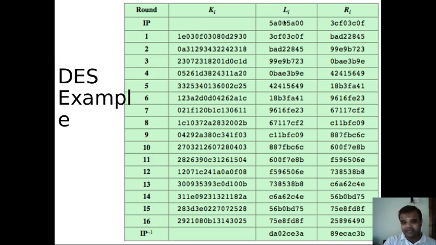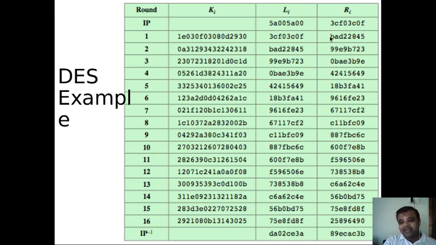And see, the right half of the first round is different. What was the operation, if you remember properly? The right half was passed through the F function with the round key, and that result was XORed with the left half, and that is what goes in as BAD22845, the right half of the first round.